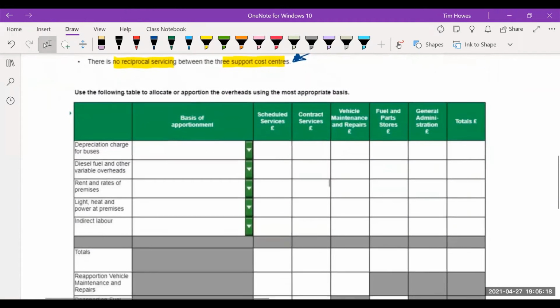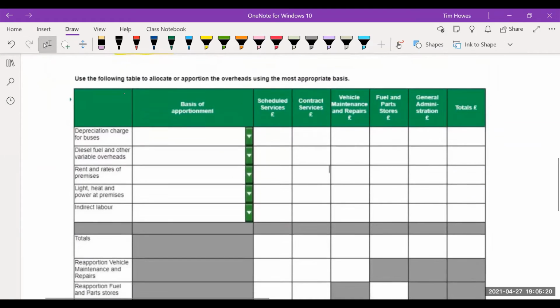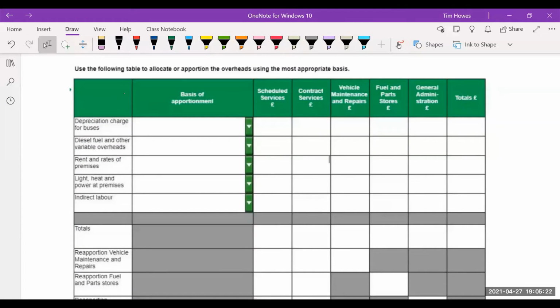So here we go. Going to use the table to allocate or apportion the overheads using the most appropriate basis. So, of course, you've got your two, let's call them, I'm going to call this P1, production 1 and production 2, and support 1, support 2, and support 3. Again, just to make sure everyone's comfortable with the terminology.